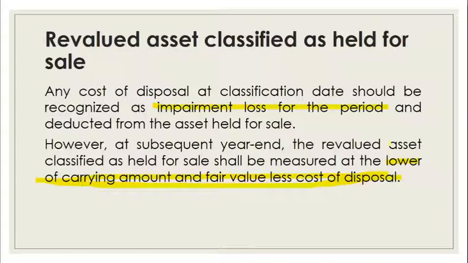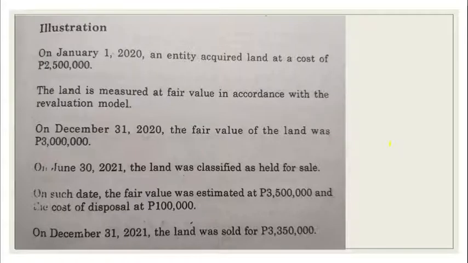So we have an example. On January 1, 2020, an entity acquired land at a cost of 2,500,000. The entry is easy: debit land, credit cash for 2.5 million. Now, the land is measured at fair value in accordance with the revaluation model.